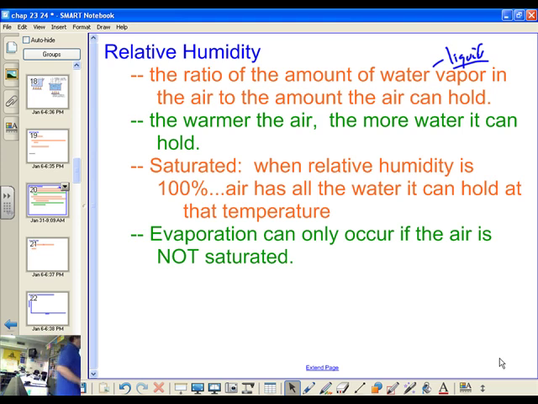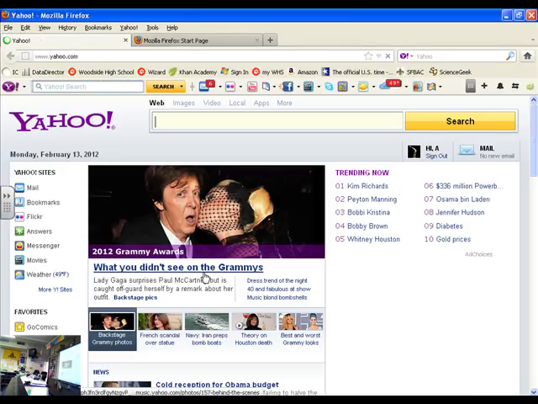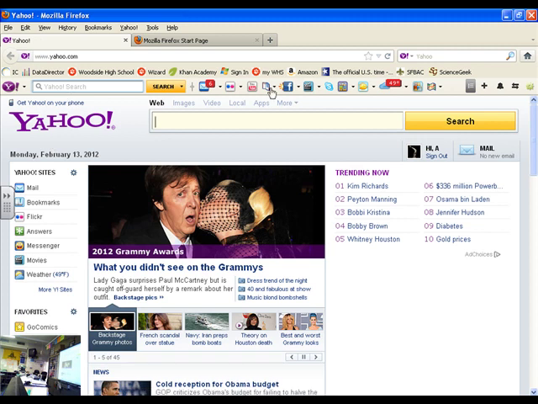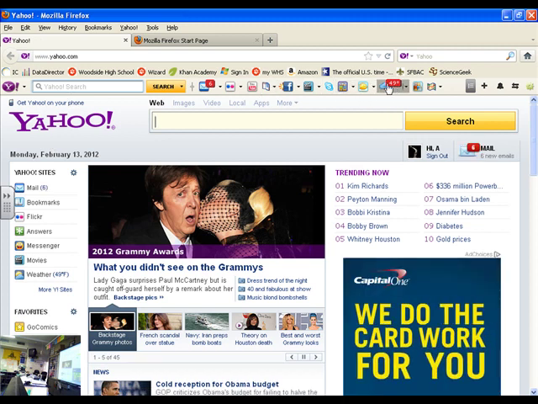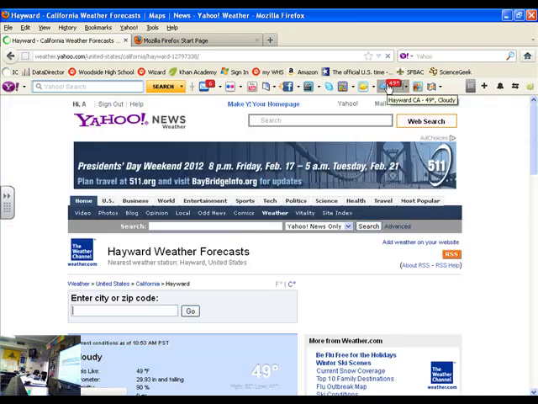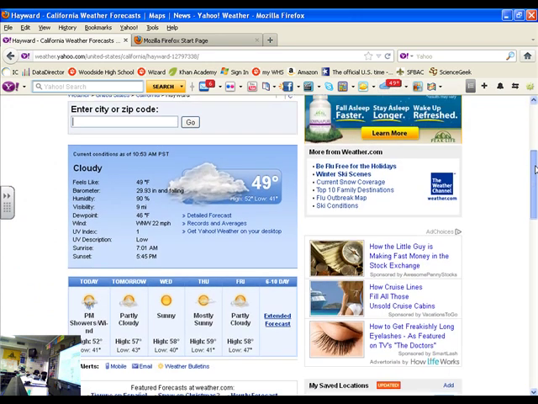And we can look at some things here. We're going to look at some places around. So we can go to the weather. There we go. All right.